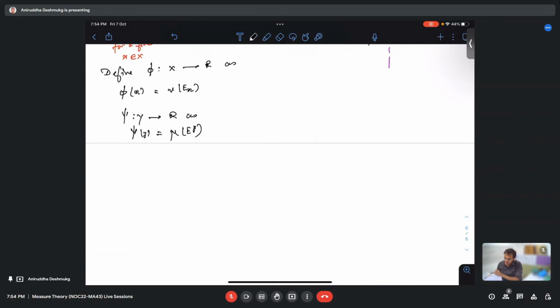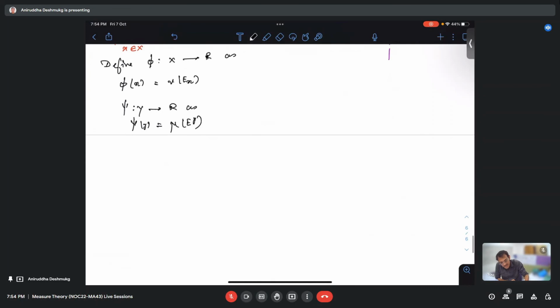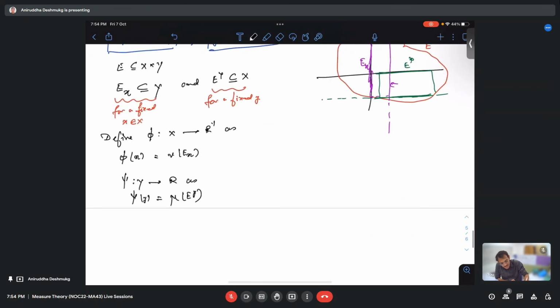The measures mu and nu should be finite for this function to be defined. No, I'll just make it in the extended real numbers then. So these functions are all extended functions.